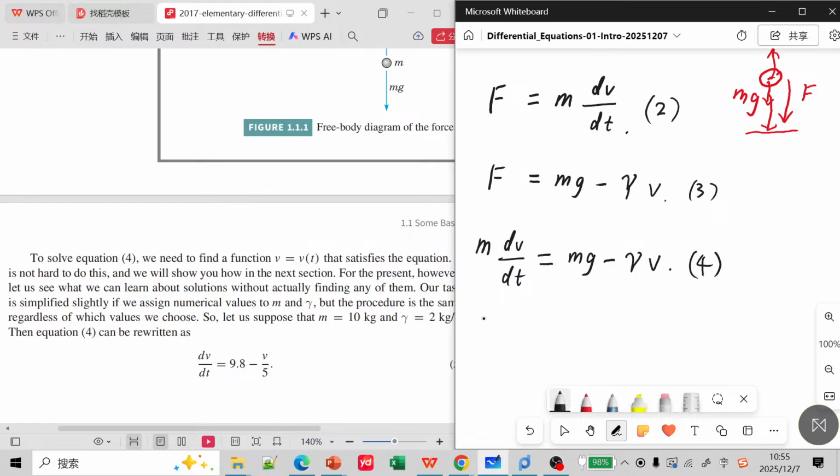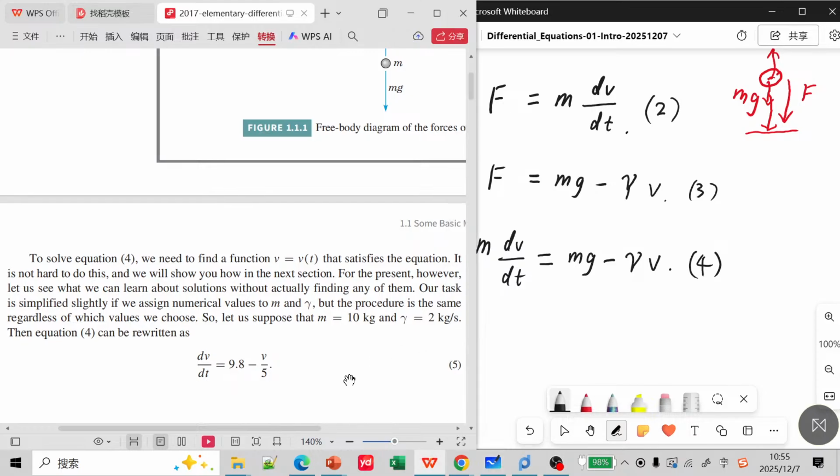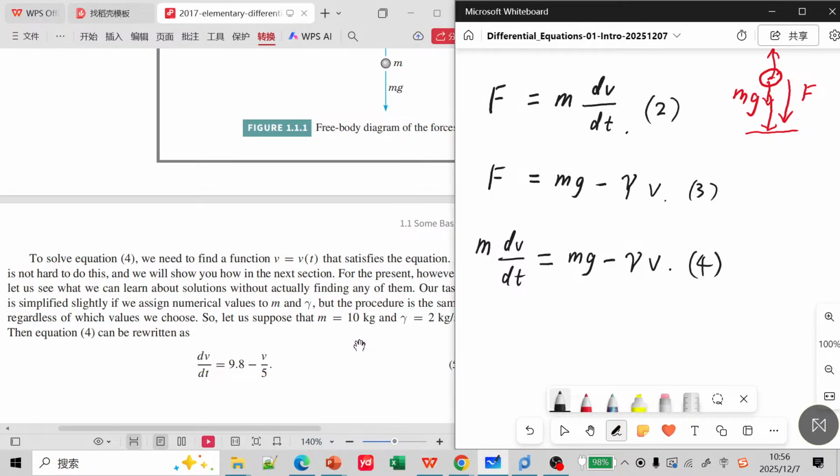So how does the fifth equation come about? Here we just substitute the specific values into m and gamma. So m is now equal to 10, and gamma is equal to 2.